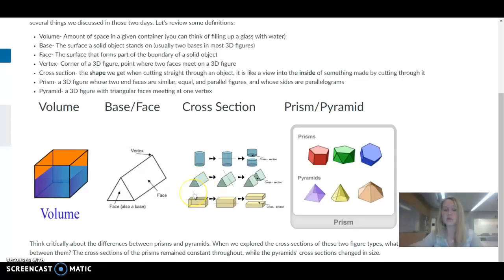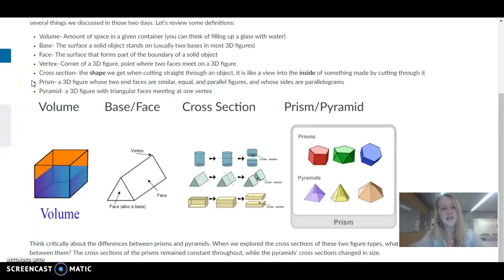Well, I'll tell you, it's going to look very similar to the rectangle on the bottom of your triangular prism, somewhat smaller but still similar. And if we were to do the same thing with your rectangular prism and cut it in half, we'd get another rectangular cross-section shape. So cross-sections are basically just cutting an object in half and looking at what that shape is on the inside. So basic definition.